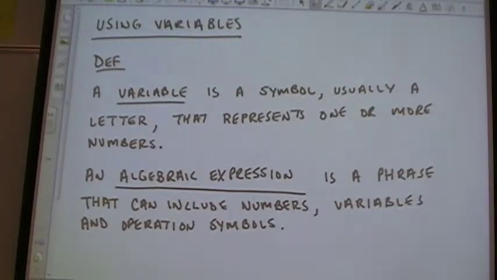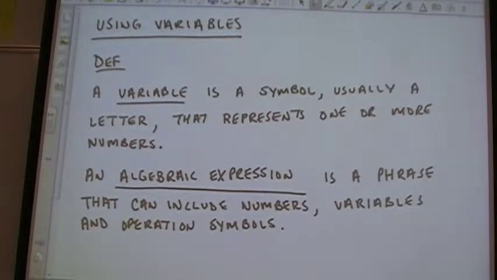What's the difference between an equation and an expression? Simple explanation. Anybody? What is an equation? An equation must have what? An equal sign, okay? An expression does not. An algebraic expression is a phrase that can include numbers, variables, and operation symbols.